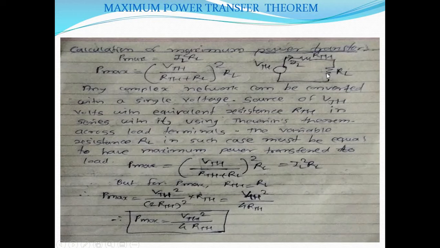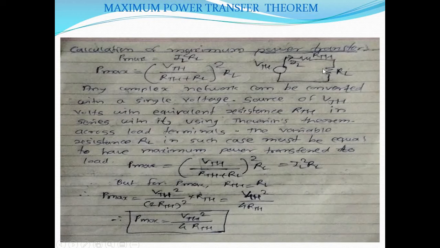So the variable resistance in such a case must be equal to the maximum power transferred to the load when Pmax is given by the formula Vth upon (Rth + RL) whole square, into RL, that is IL² into RL.